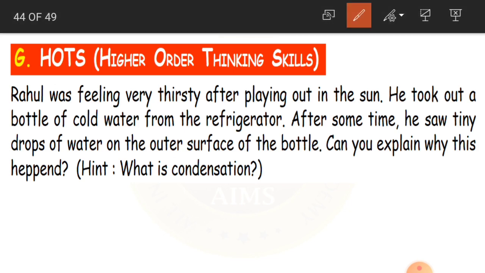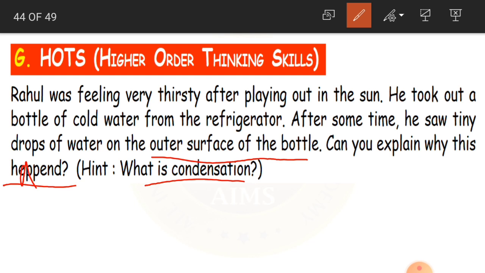After some time, he saw tiny drops of water on the outer surface of the bottle. Can you explain why this happened? And what is the hint here? What is condensation?